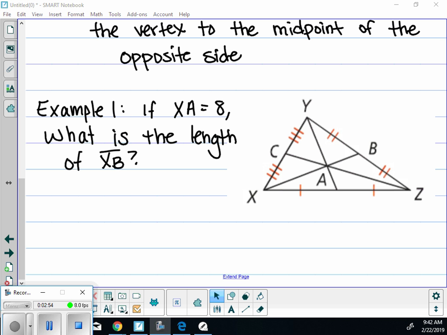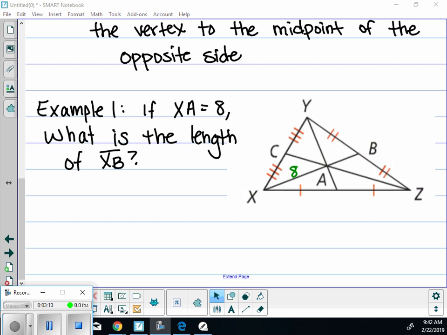The information that we're given is that XA measures 8 units. What is the length of XB?